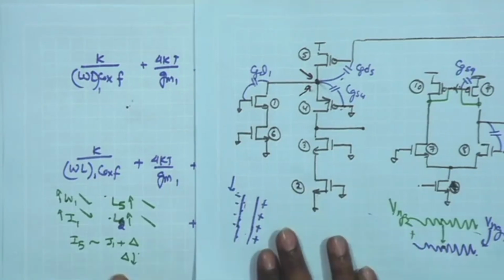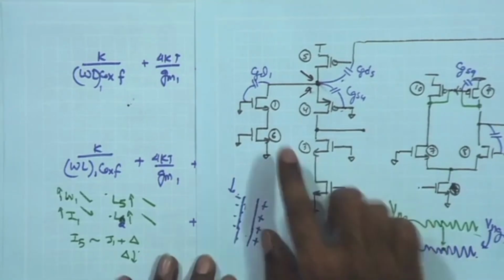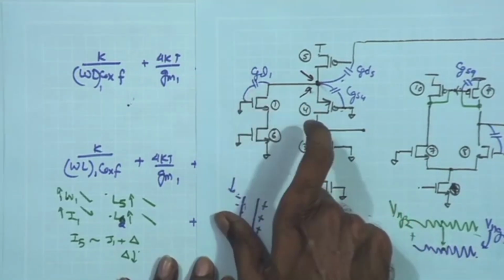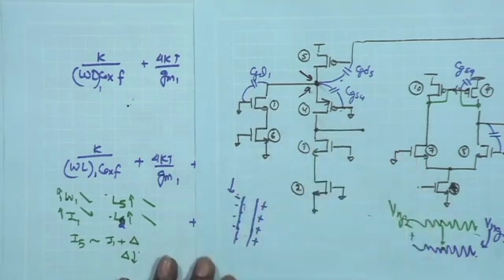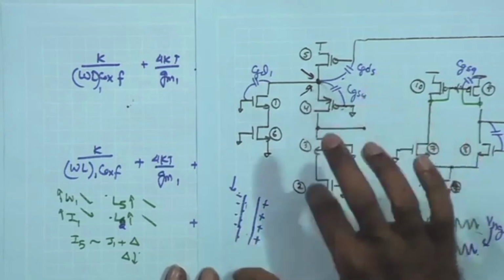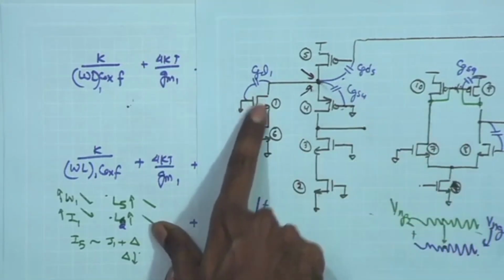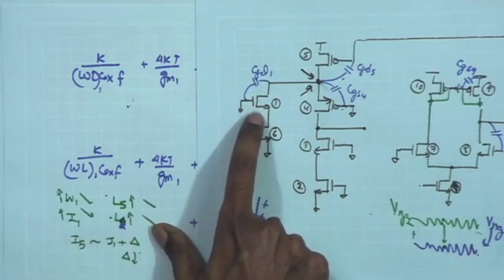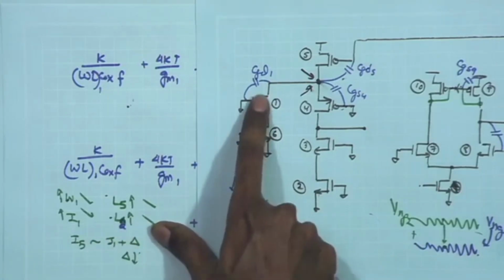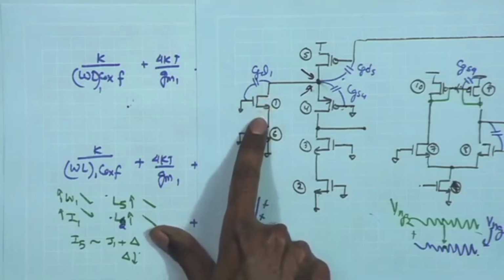And from the point of view of gain, as we said, the gain ultimately depends upon the GM and the RO products. Now, RO, if we see, is coming as GM RO times RO of this particular device. GM again depends upon the bias current. Noise also depends upon the bias current. So, increasing the current in the first device is going to help us in increasing the gain.